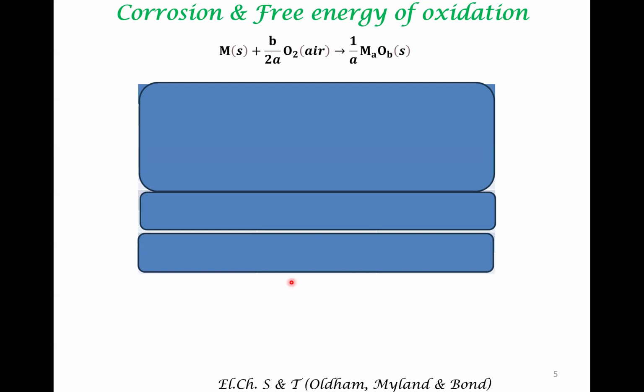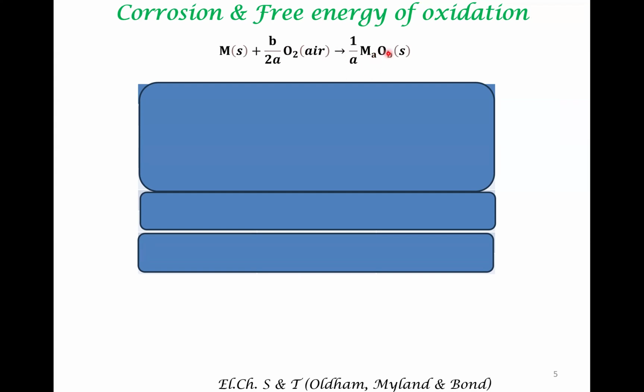So, as is typical of our lecture series, we start with energetics and thermodynamics of physicochemical phenomena. So, in corrosion, as I mentioned, corrosion involves oxidation of metals. You have metal here in the form of a solid, oxidizing in typically dry air to form metal oxide.